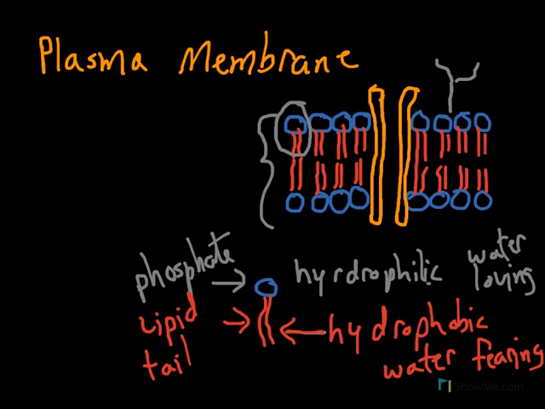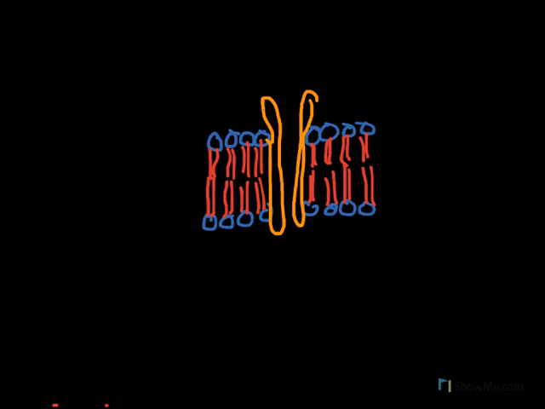So if we look at our phospholipid bilayer again, we can see the two layers. We can definitely see a layer starting to form right here, and basically they're separated. They're two lipids that are going towards the middle of the plasma membrane. So that's why we call it a phospholipid bilayer.